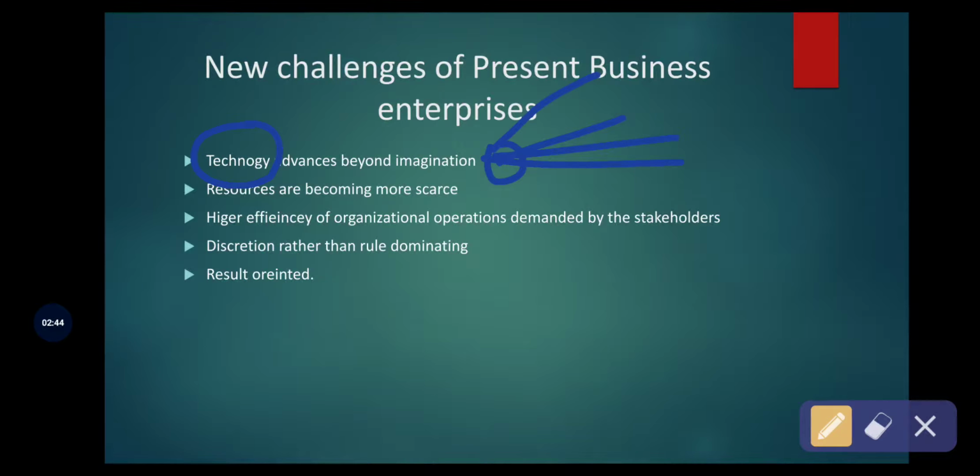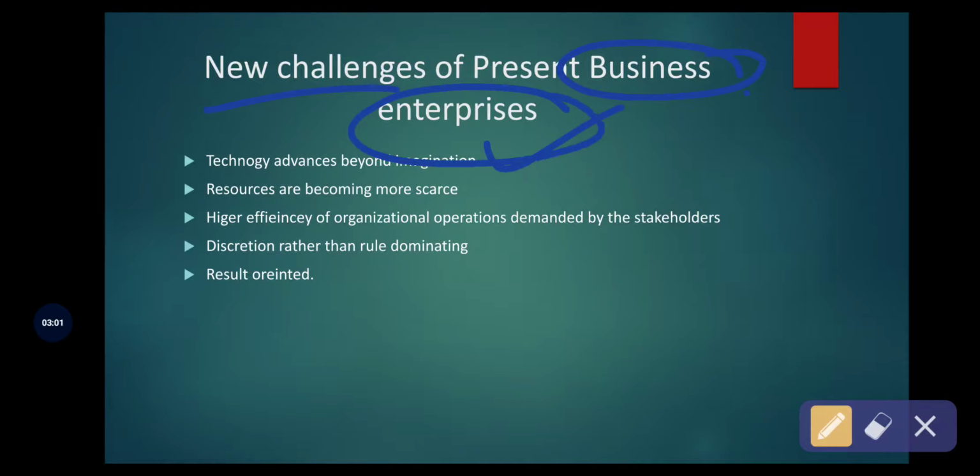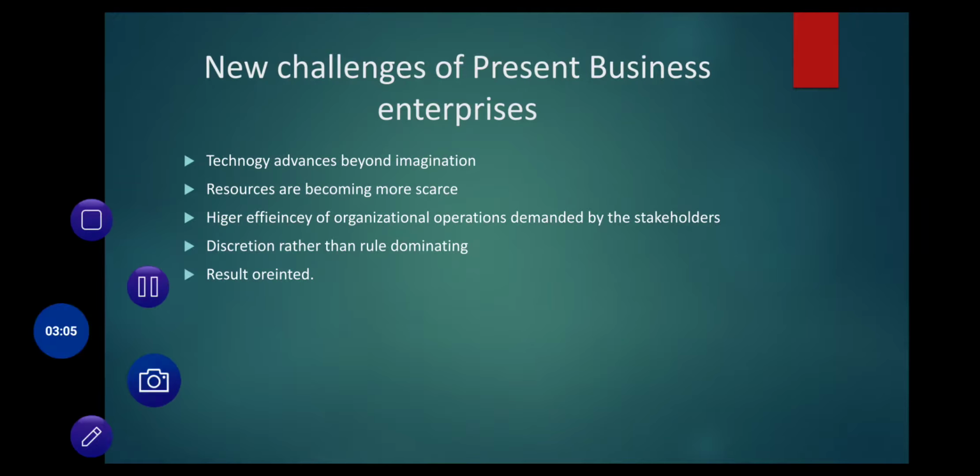Technology is advancing in a very rapid manner, beyond the imagination of human beings. So this is a new challenge. Businesses have to meet this technology, they have to adopt this technology. That is a new challenge.